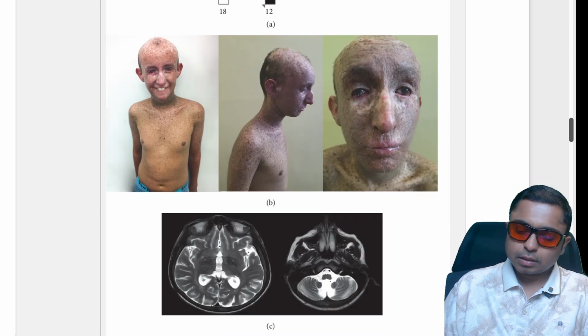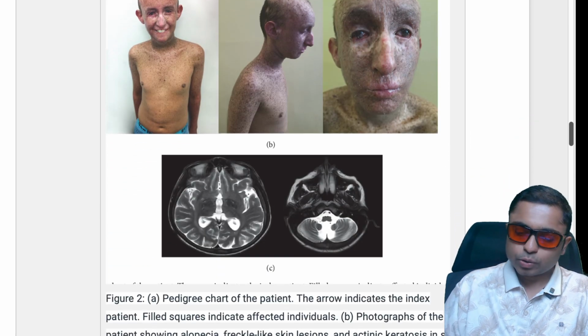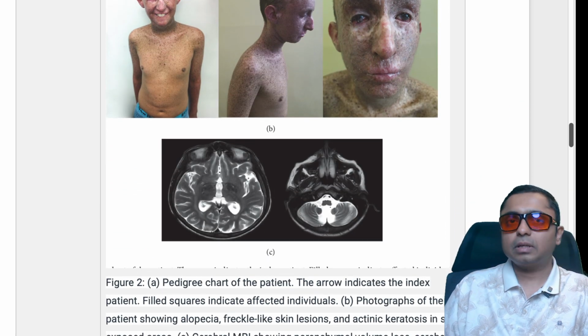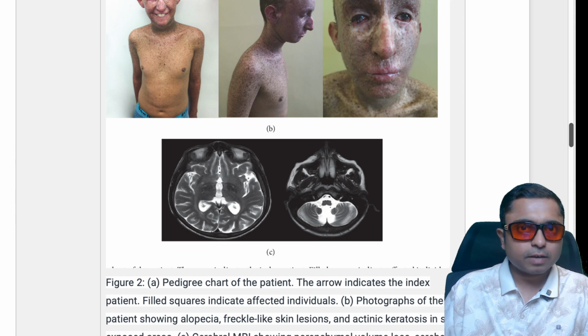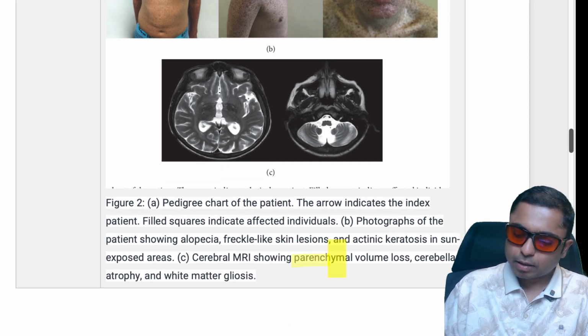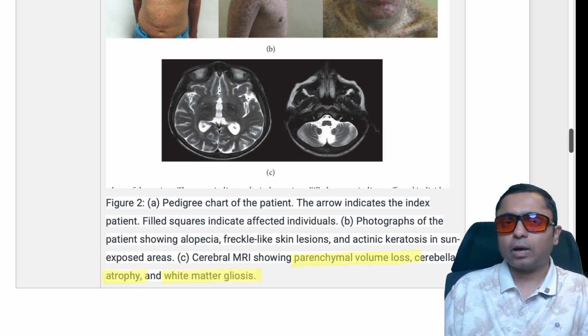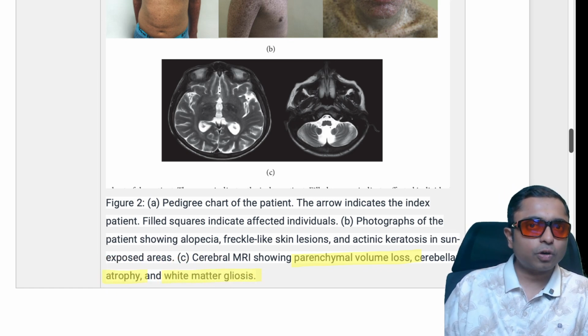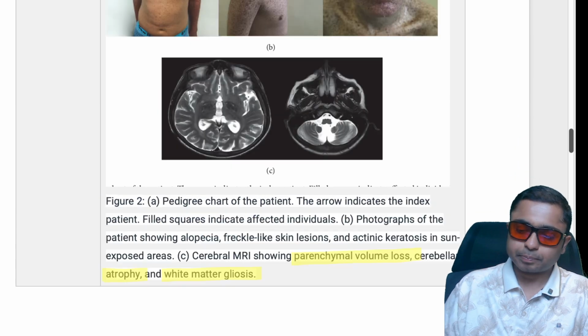So this is the presentation of these children. Usually you can see they have dwarfism, microcephaly can also be there, and if you happen to do an MRI, there can be parenchymal volume loss, cerebellar atrophy and white matter gliosis. So all kinds of progressive neurological degenerative changes can be seen.